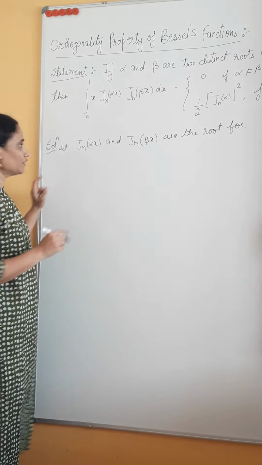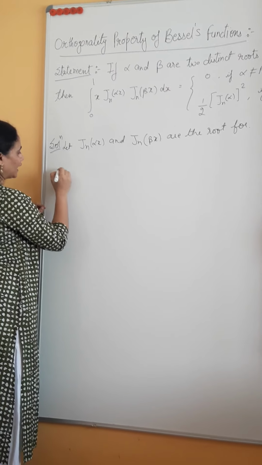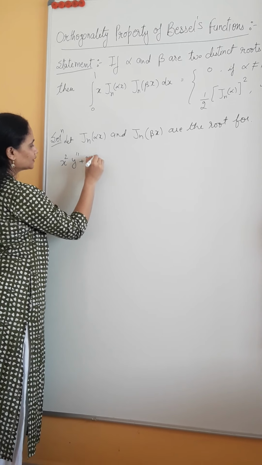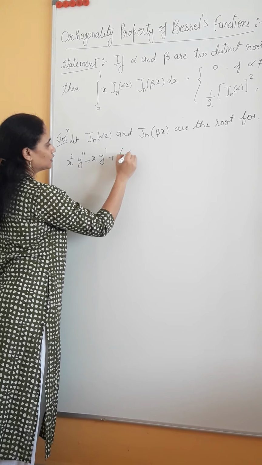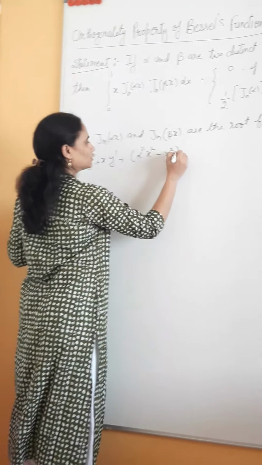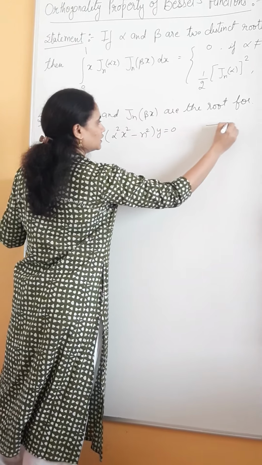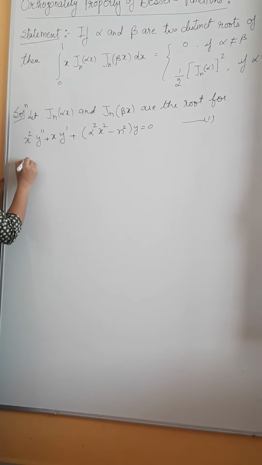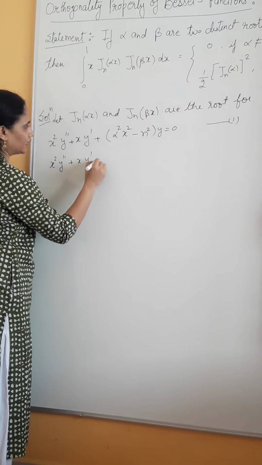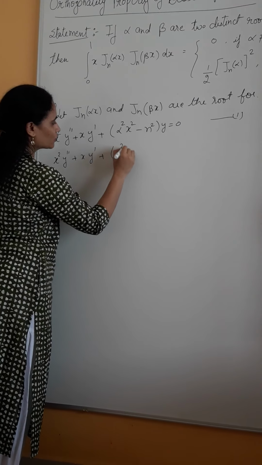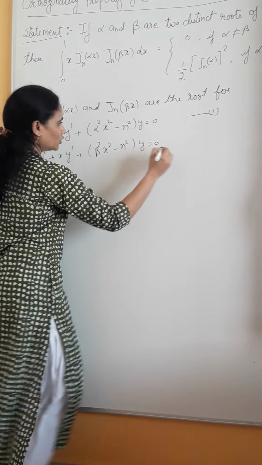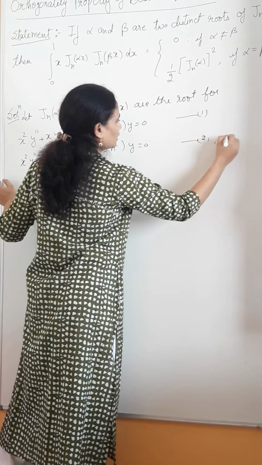So we can write the equations for these solutions as x square y double dash plus x y dash plus (alpha square x square minus n square) y equal to 0. This is equation 1. And similarly x square y double dash plus x y dash plus (beta square x square minus n square) y equal to 0, equation 2 respectively.